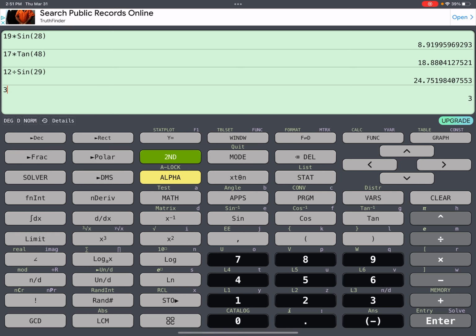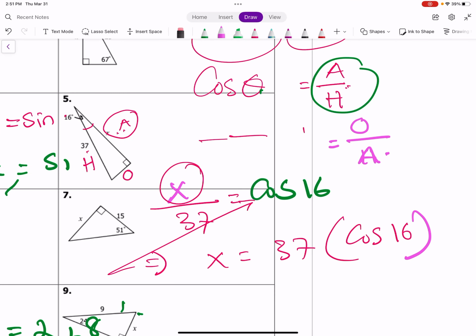So go back to your calculator, and 37 times cos 16 is 35.56. So x equals 35.6. That's it. If you work that way, you should be good. Okay. Thank you.